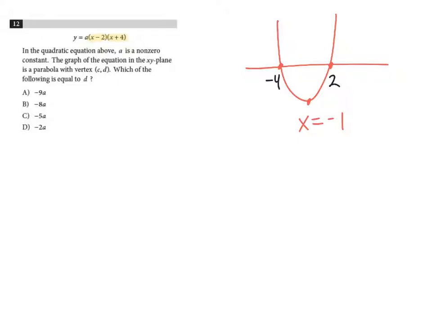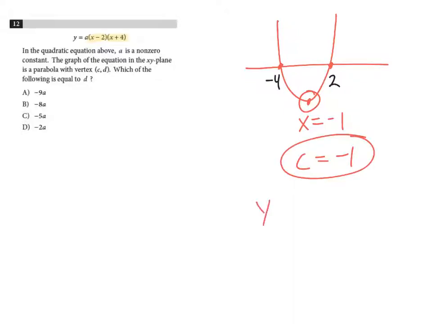Okay, so if the vertex x value is going to be at -1, well then c equals -1. Okay, so now to figure out what d equals, we're just going to put this into our equation.